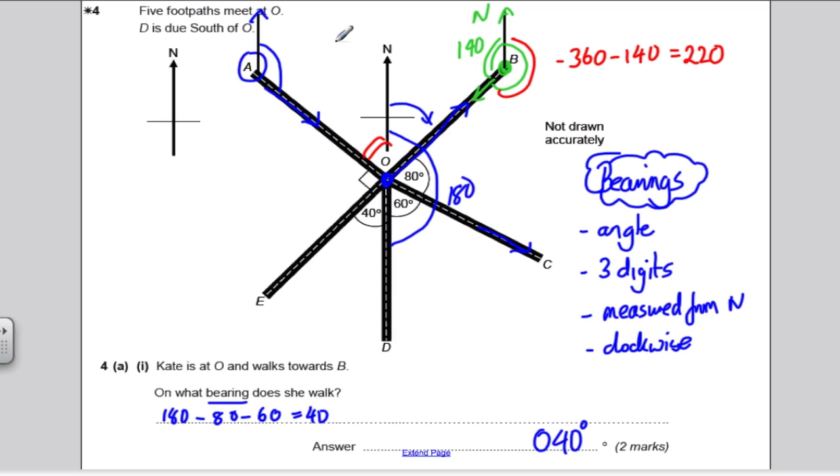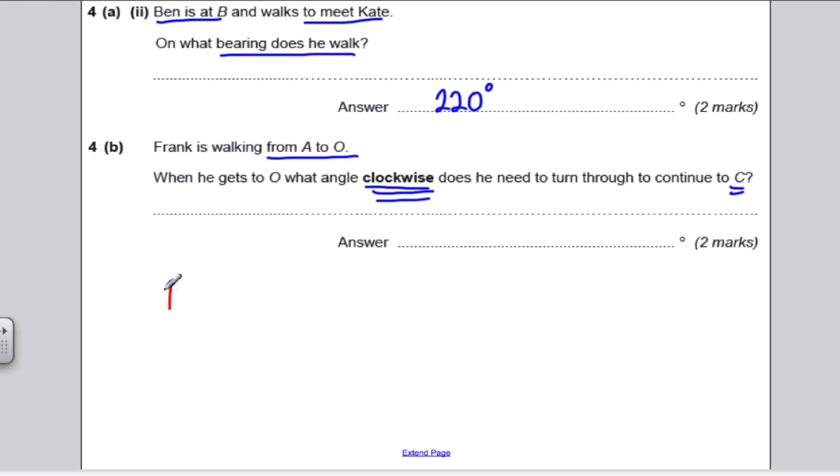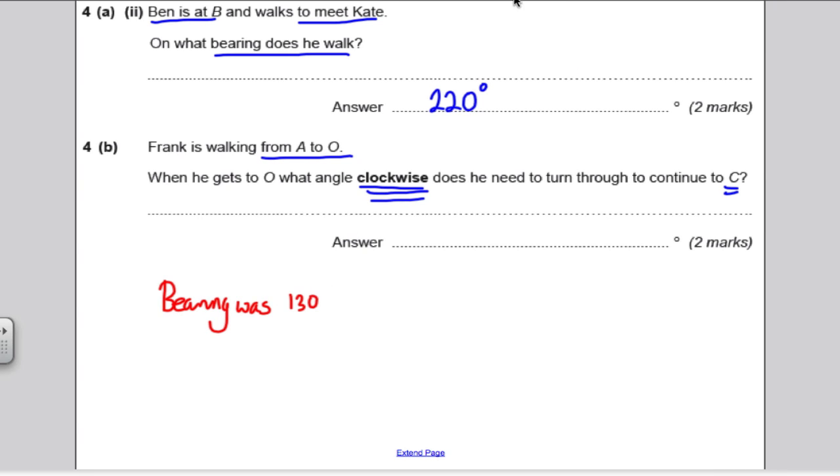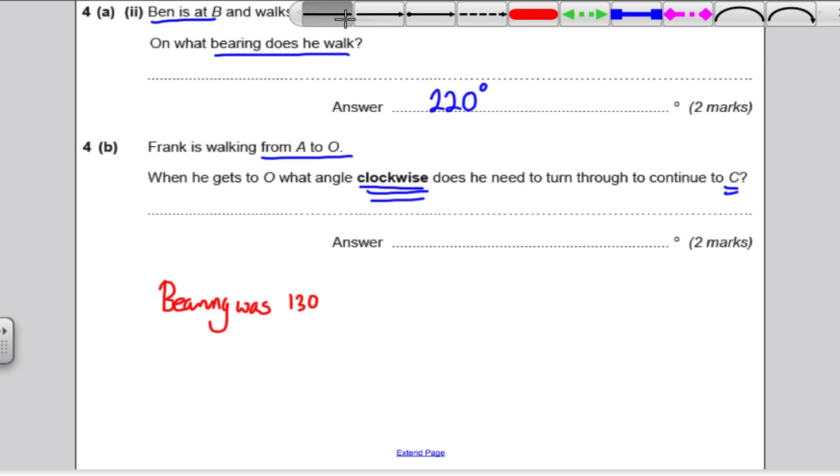So this angle here must be 50 degrees. Given they're both parallel, this angle here must add up to 180, must be 130. So his bearing was 130.